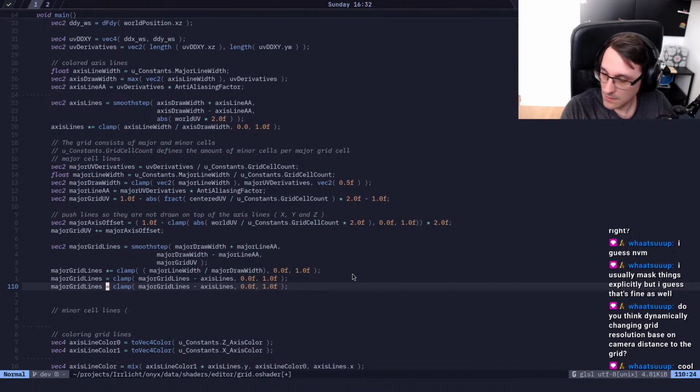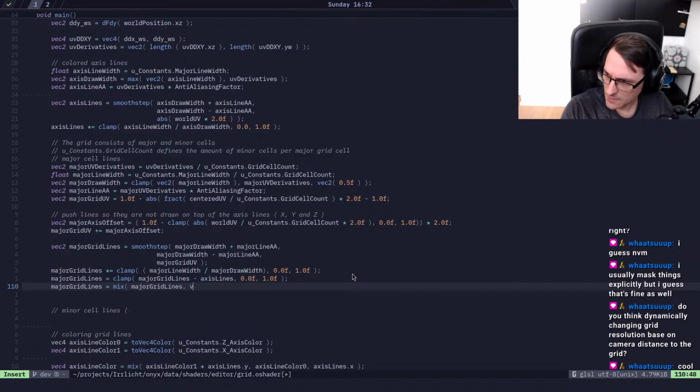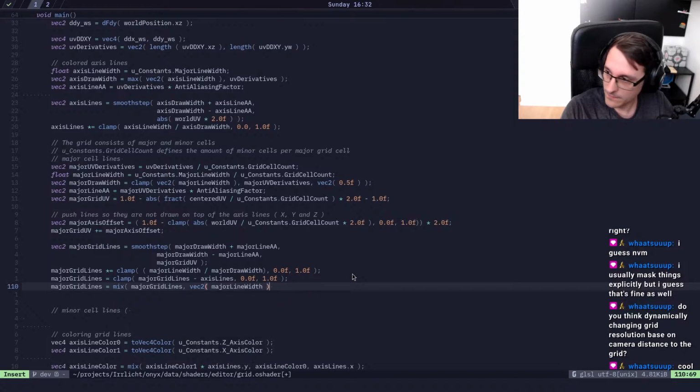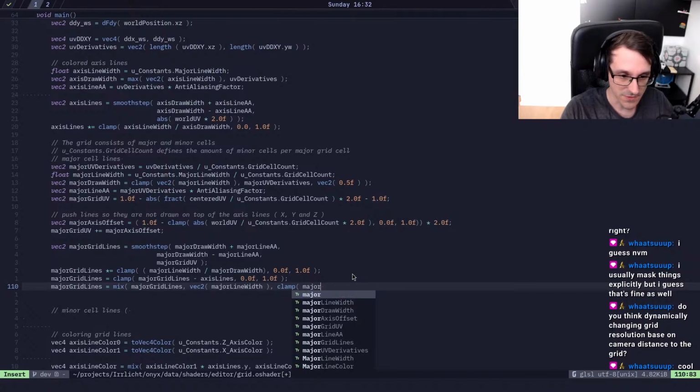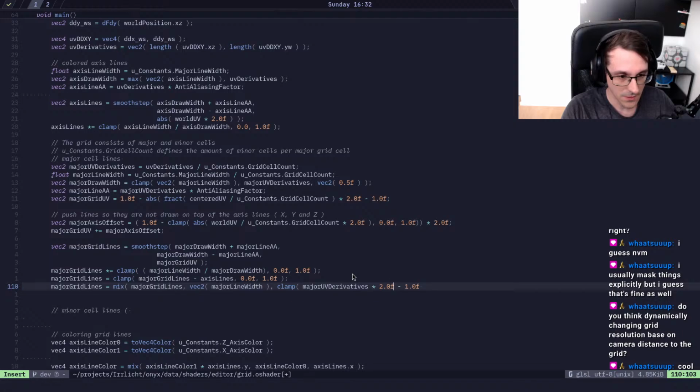And then we do a mix between our major grid lines and the vec2 of our major line width. And we do that with a clamp, with a factor basically of our major derivatives times 2.0 minus 1.0.